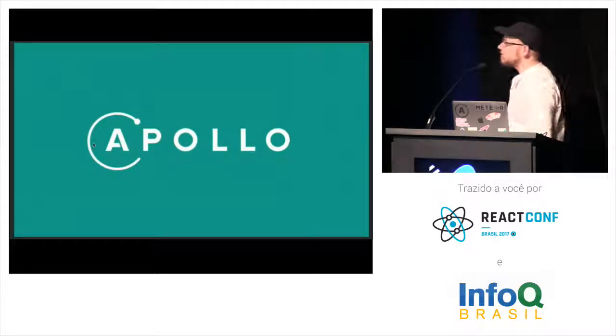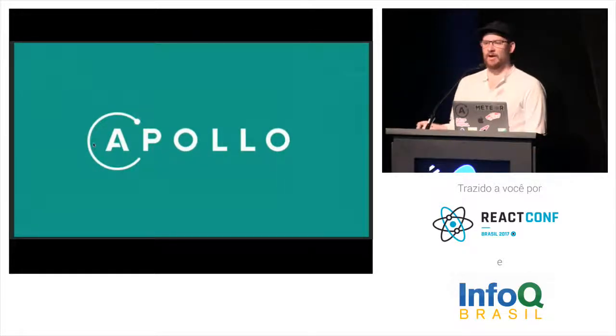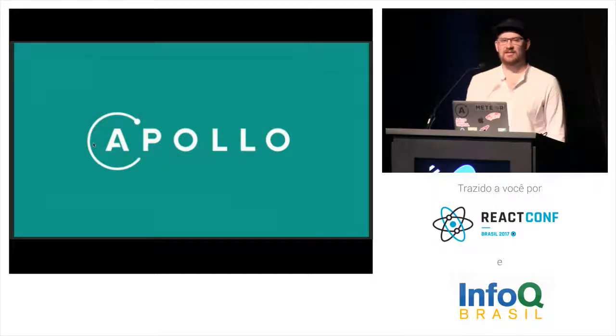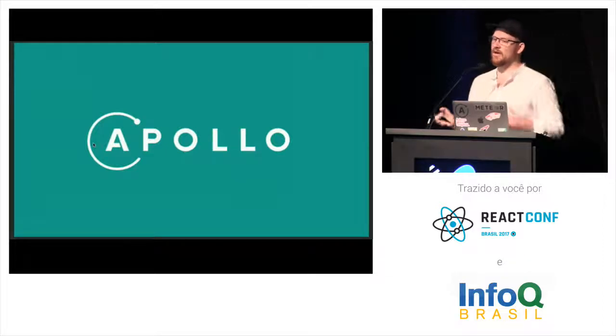Okay. So Apollo, what is Apollo? Apollo is a whole suite of tools that make it really easy to use GraphQL. It wants to take some of the things that can be confusing about GraphQL and make them really, really easy. It also wants to make it the best experience possible, with the best performance, the best error handling, and the best developer tools, so that you as a developer can focus on building your product and not have to focus on how to use a new technology.